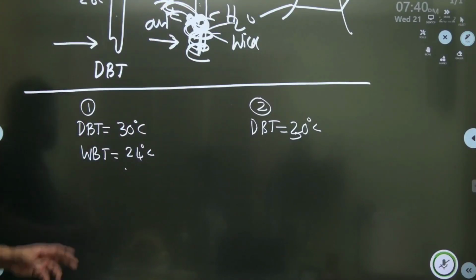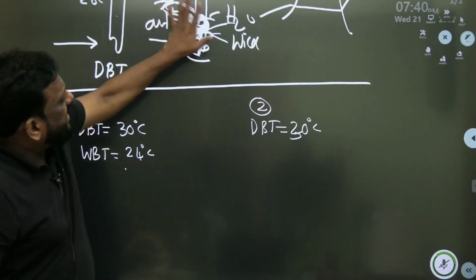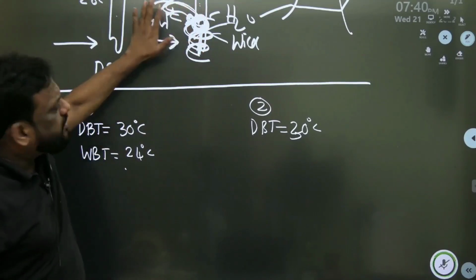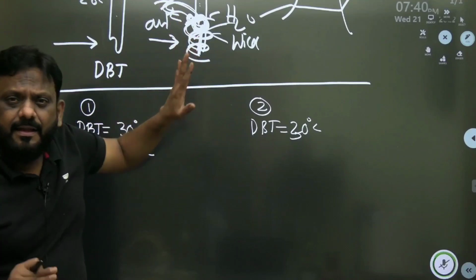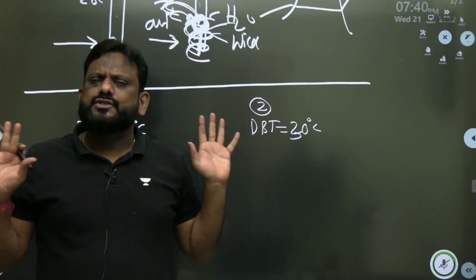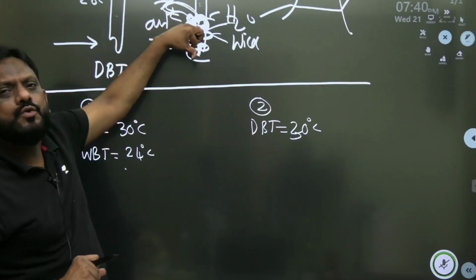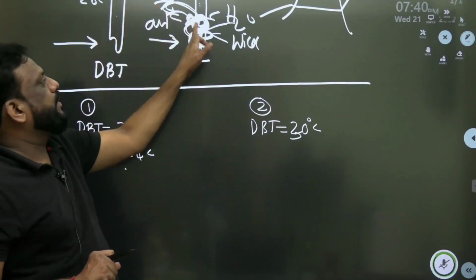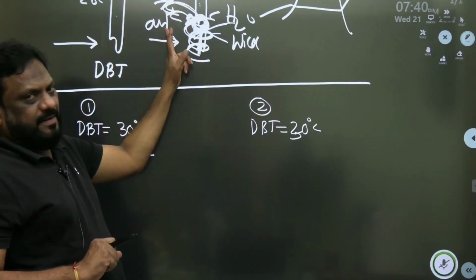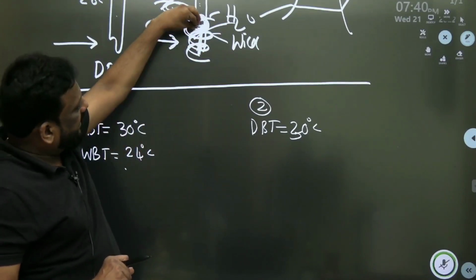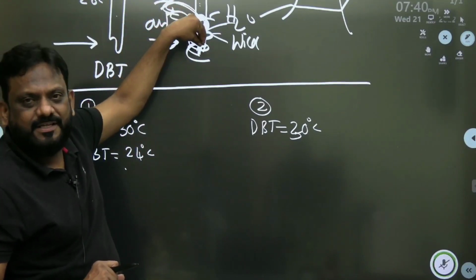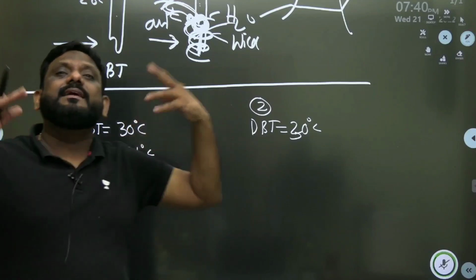Now, dear students, if the air is already saturated, if it is completely full, it has no capacity to absorb further. When it has no capacity to absorb, there is no evaporation. When there is no evaporation, there is no heat taken from this, so there is no drop in temperature. So it will automatically indicate the dry bulb temperature.